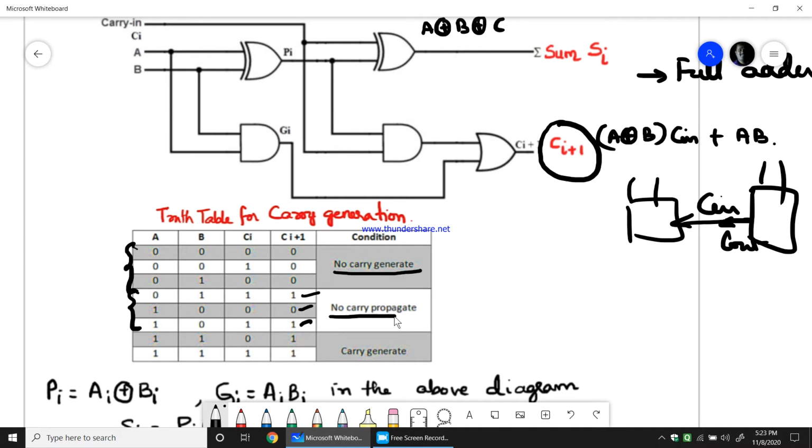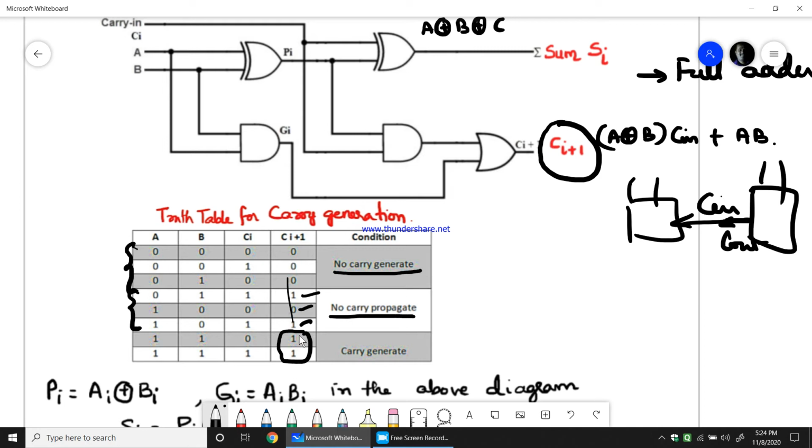So no carry is propagating for these inputs. For 0, 1, 1 carry became 1, whereas for 1, 0, 0 it became 0. Therefore 1 is not propagating here because it immediately became 0. Then after that 1 is coming. So it means that carry is not propagating here. Okay. For other two inputs 1, 1, 0 and 1, 1, 1, you have 1, 1 here. Therefore 1, 1 means a carry here is getting propagated to the next input also, which is 1.